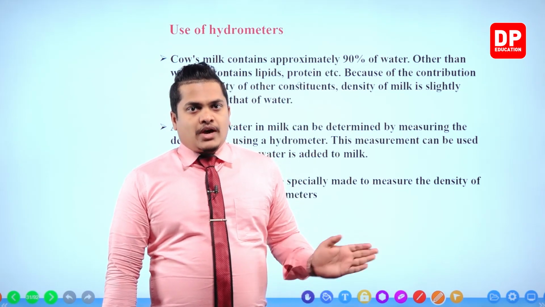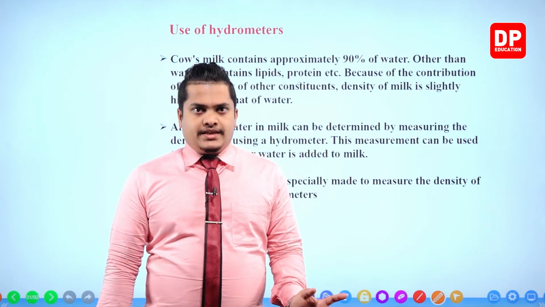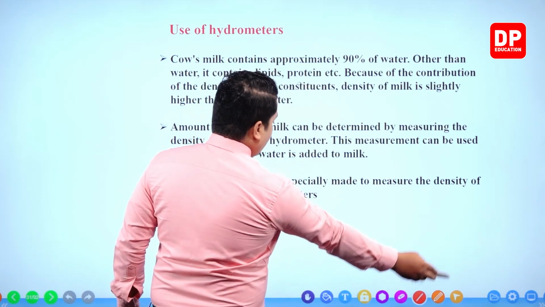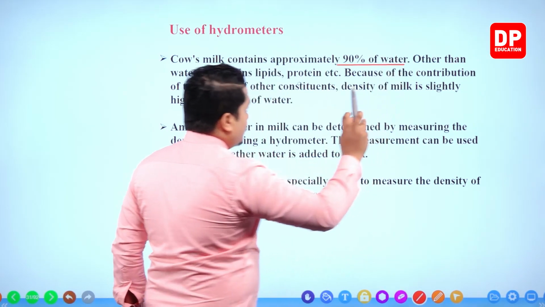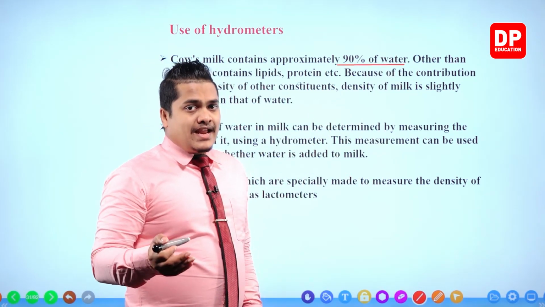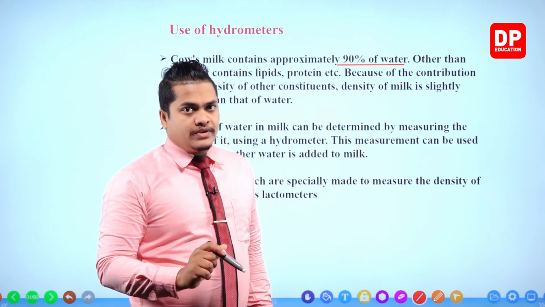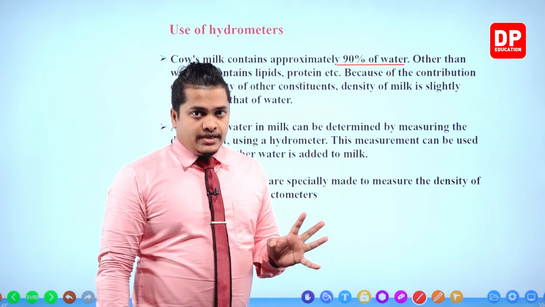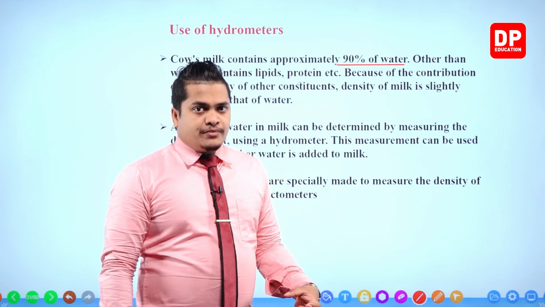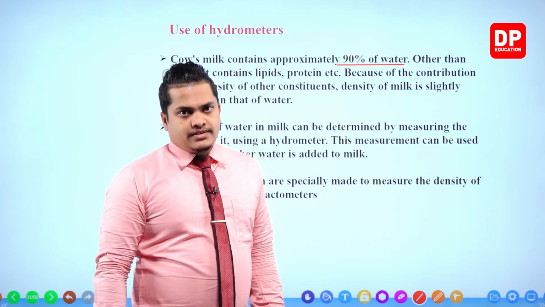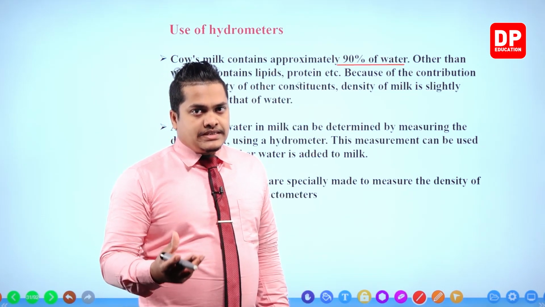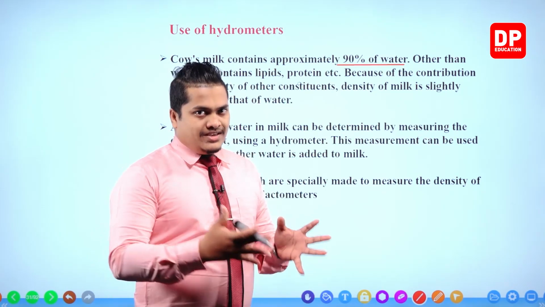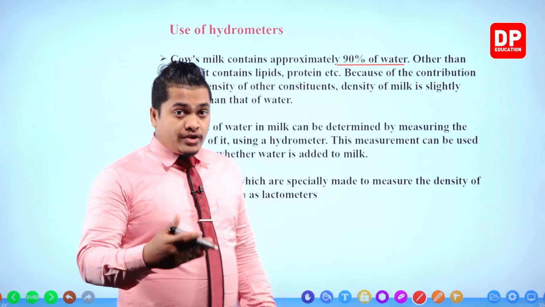Normal milk without mixing water has a greater density. You know that it usually contains 90% water, no? So if more water is getting added externally to the cow's milk, then definitely this percentage would increase. Increasing water percentage means, my dear children, the density is going to decrease, because the percentage of solid substances contained within the cow's milk is going to decrease.